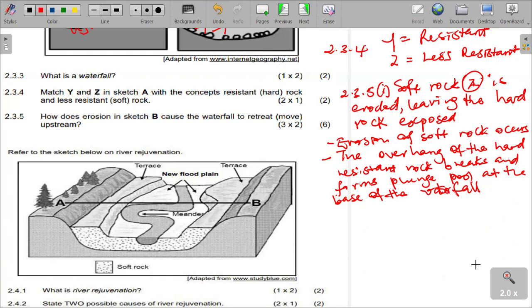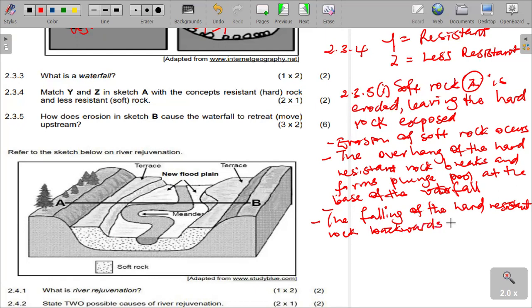So what happens there, when the collapsing or falling of the hard resistant rock backwards causes the waterfall to move also, the waterfall to retreat.